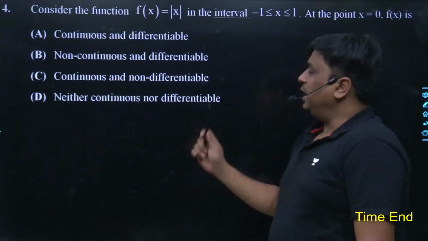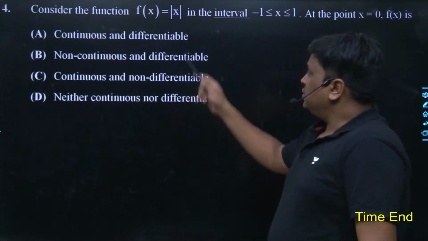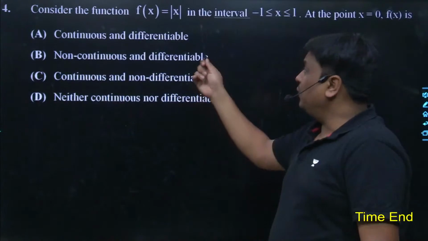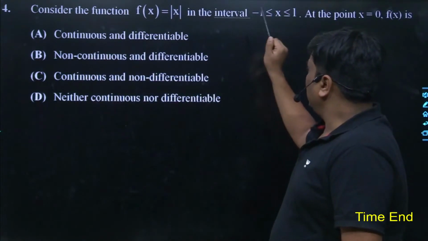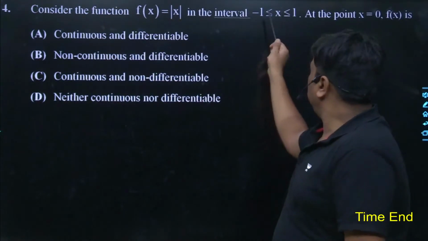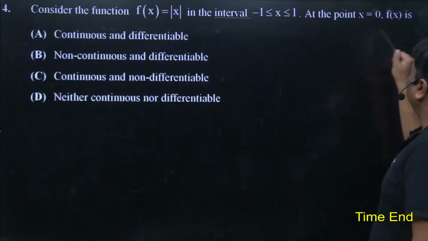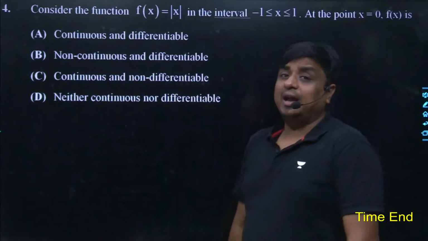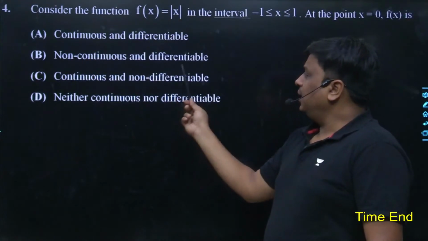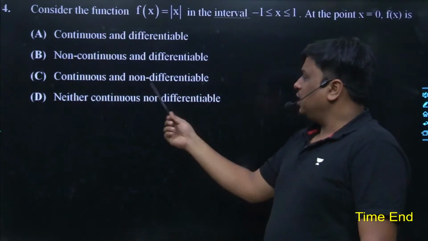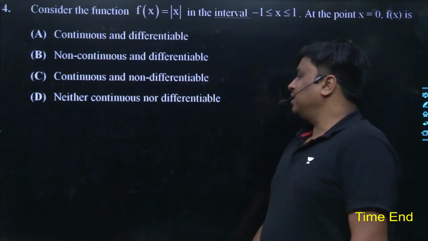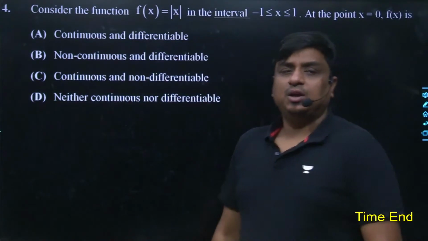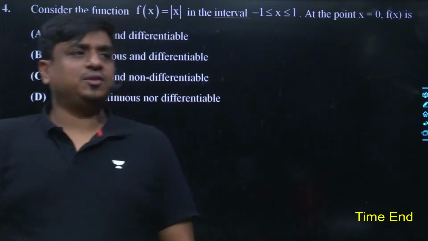Consider the function f of x, defined as the absolute value of x in the closed interval of -1 to +1, at the point x equals 0. Is f of x continuous and differentiable, non-continuous and differentiable, continuous and non-differentiable, or neither continuous nor differentiable? Tell me what the answer for this question could be.